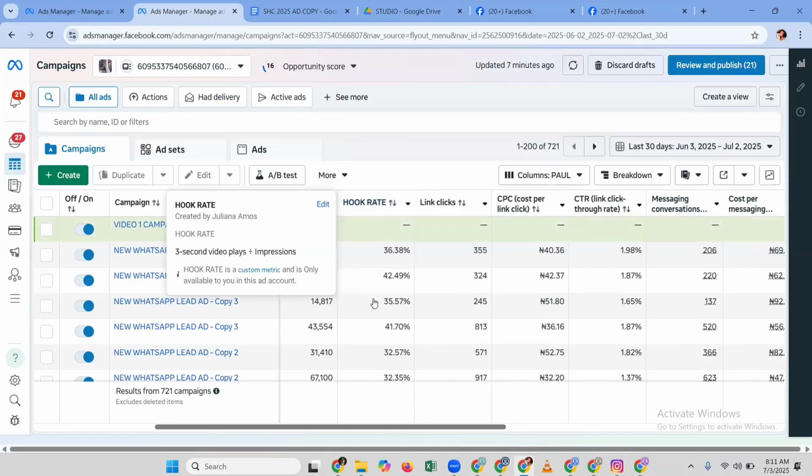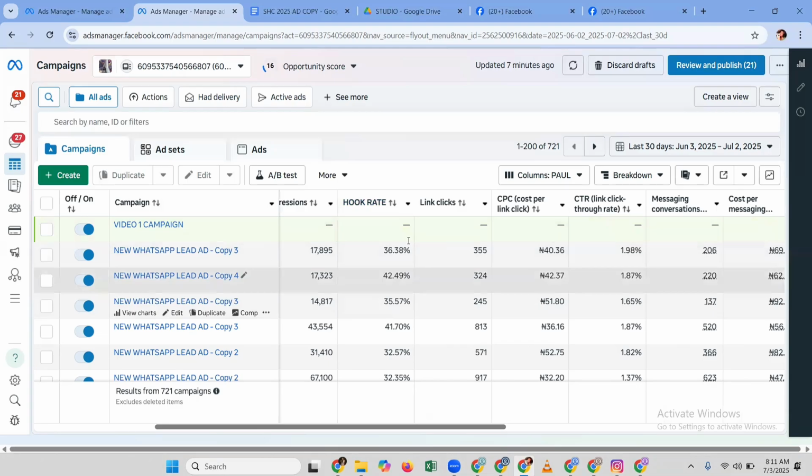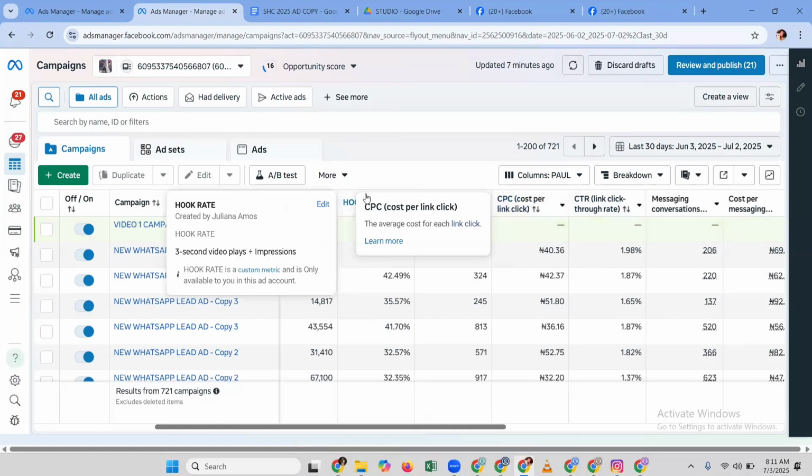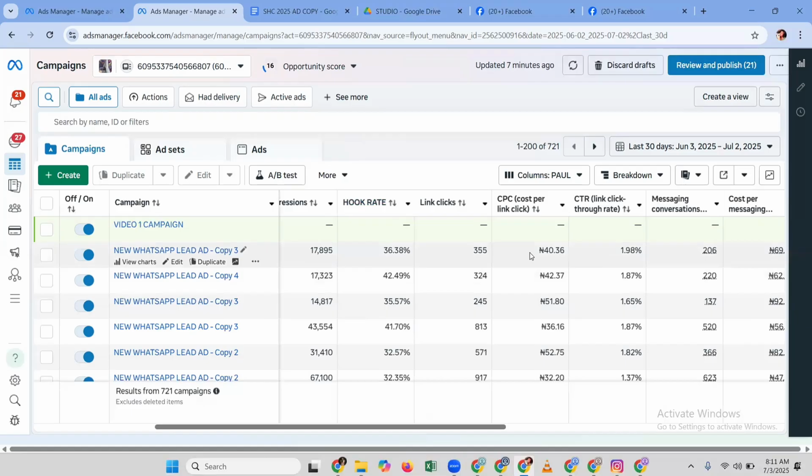Now you can see the line in this hook rate, these numbers you are seeing are the numbers that tell me whether my advert is grabbing attention or not. The very first primary metric that I like to look at is the hook rate, because if the hook rate is not giving me good numbers, every other thing here is not going to look good at all.